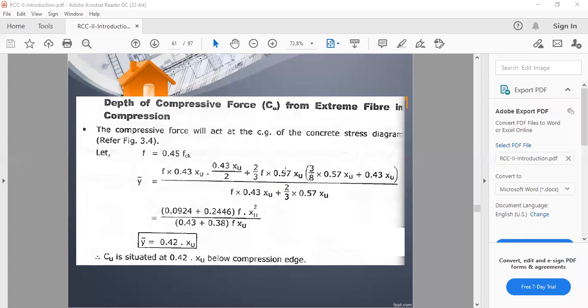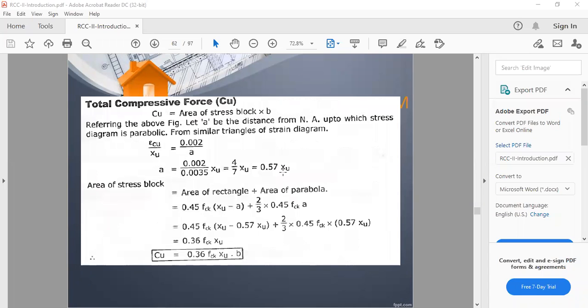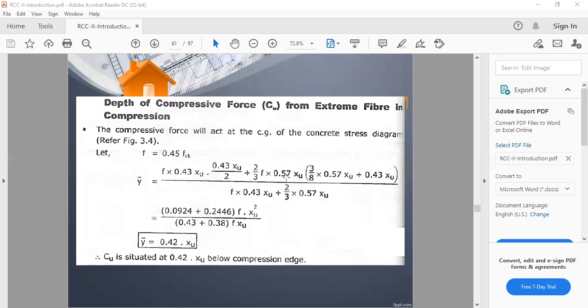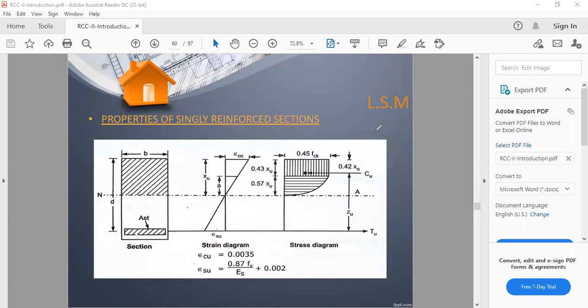Similarly, we can even get the total compressive force as well. What you got here is the depth of the compressive force, where it is going to act. You just look here.